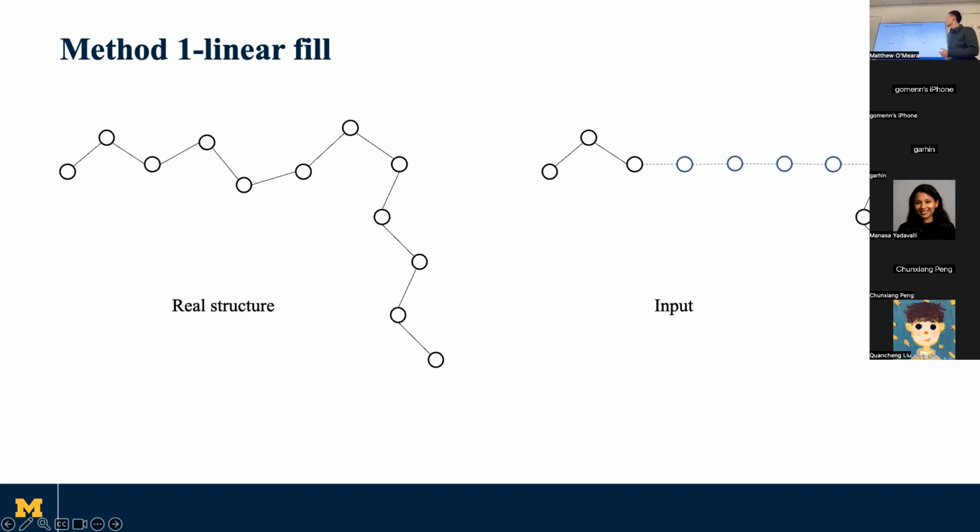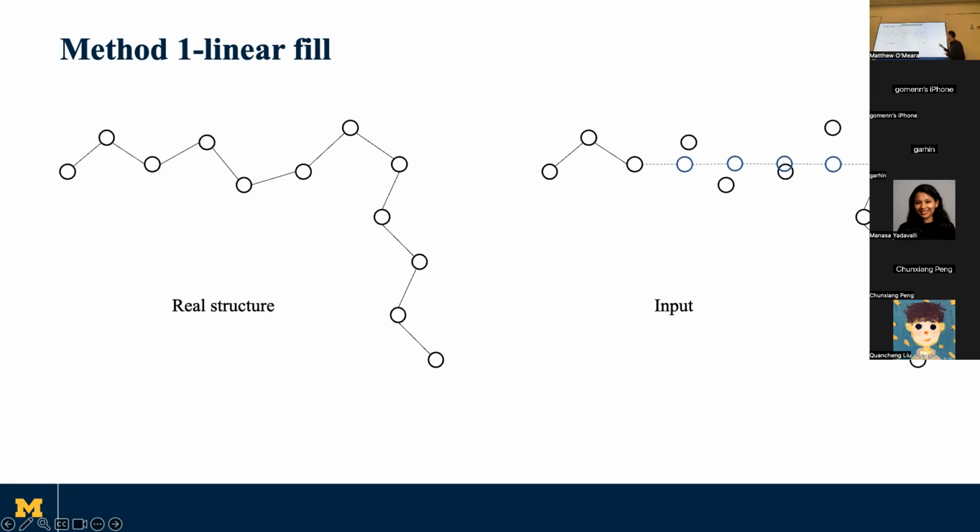For linear fill, we just draw a straight line and put these residues into it. If you compare it to the real structure, you can find some of them may be very accurate, but most of them are not accurate. It's very simple and also very inaccurate.